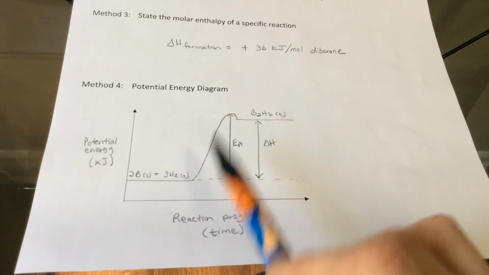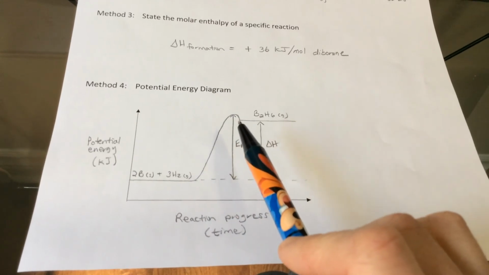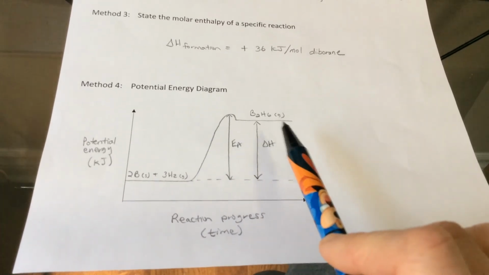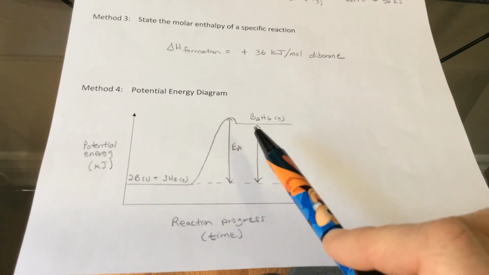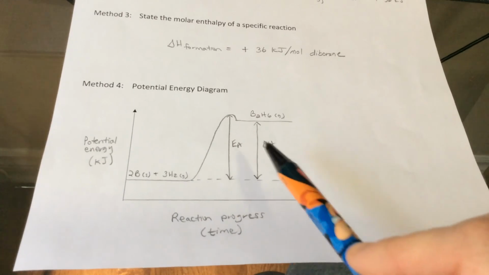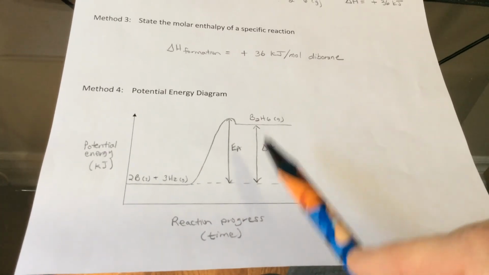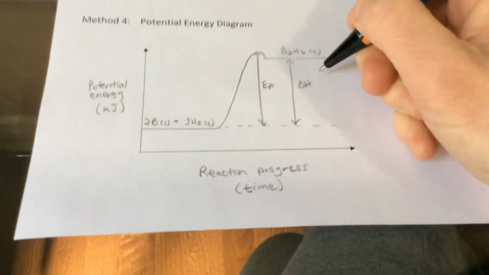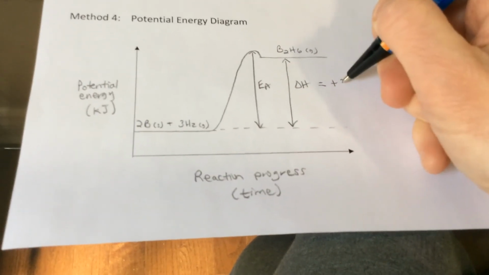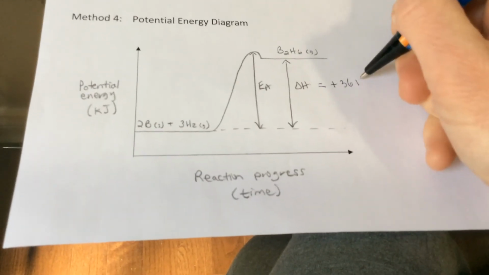Here's our activation energy. A lot of energy is needed to be put in to make this happen. We get a little bit of energy out, and now this is the difference between the potential energy of the products and the reactants. That is the delta H value. And we need to state that that is positive 36 kilojoules.